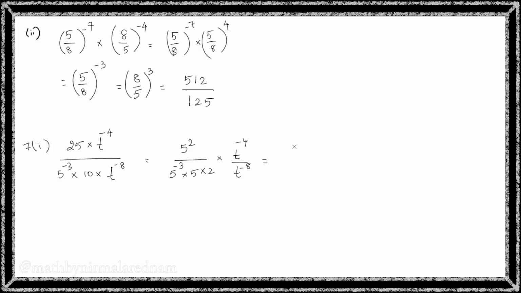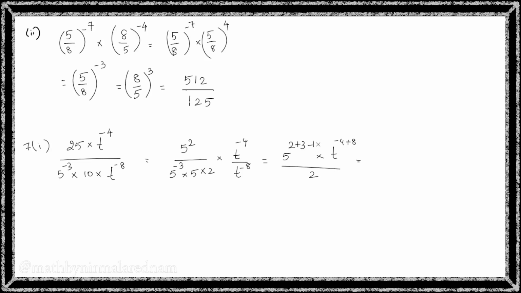Correct? So here, look at the 5's. I have 2 plus 3 minus 1. Correct? And I have t power minus 4 plus 8. And then I have a 2, which is single, so I can club it with any of the other two.